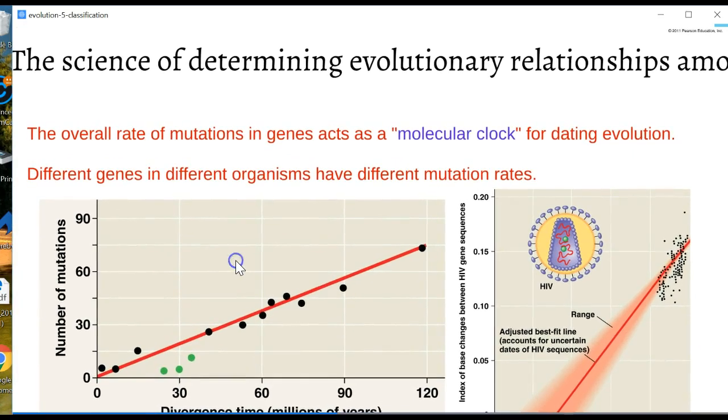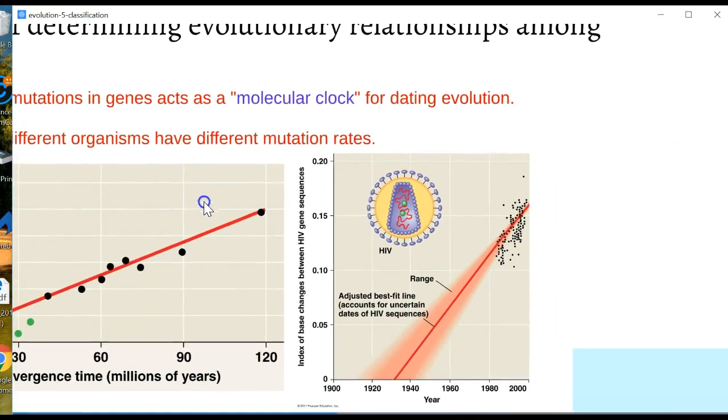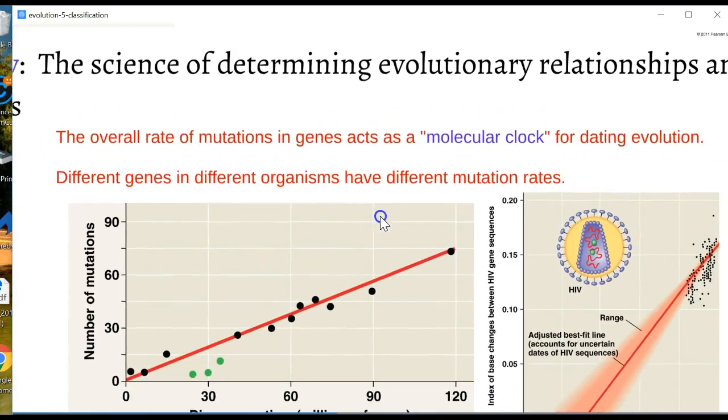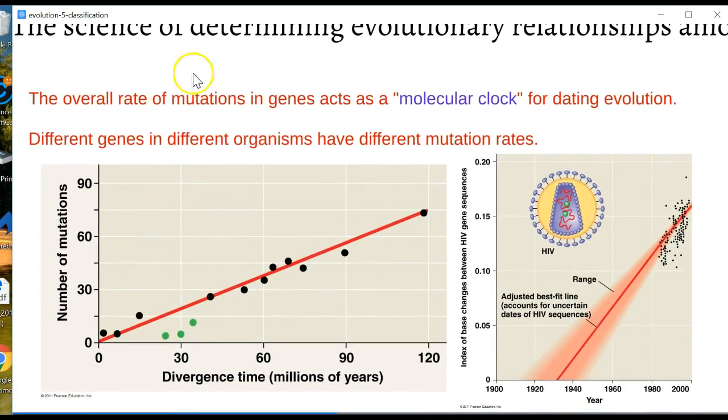And so the way that it works is that we determine evolutionary relationships among organisms using the overall rate of mutations in genes to act as a molecular clock for dating evolution. So there are different genes and different organisms have different mutation rates. But if you look here, we see the divergence time in terms of millions of years on the x-axis, and on the y-axis we have the number of mutations.